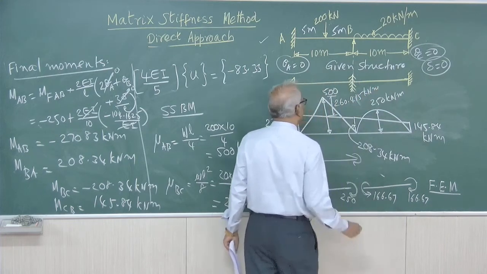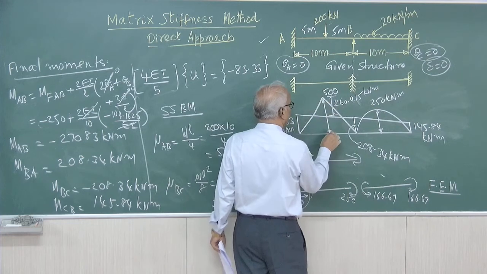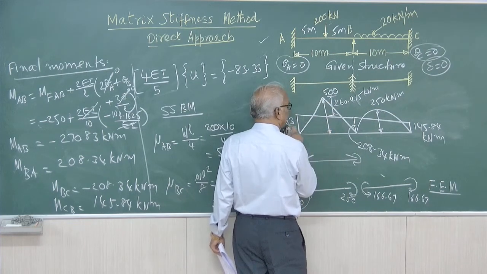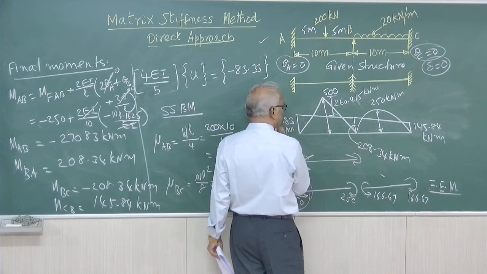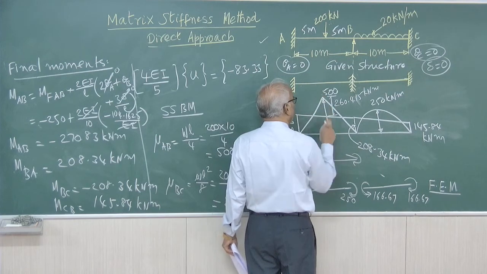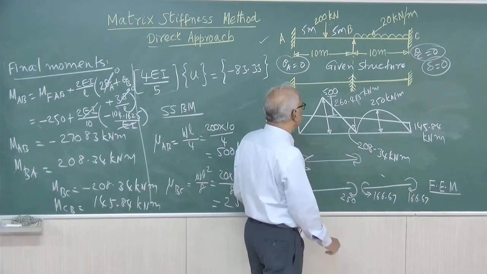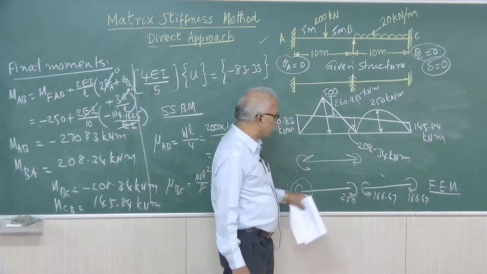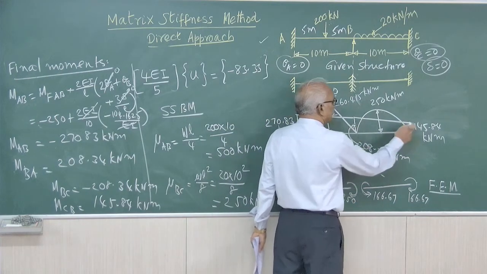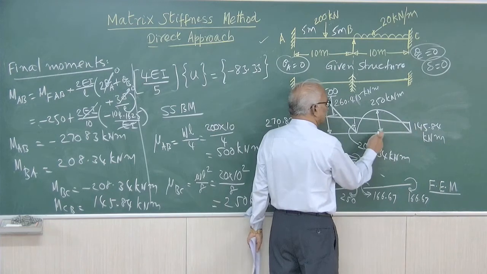Because already we know total is 500 and the negative value at the center will be the average of these two values. 270 plus 208 by 2 will be this value. 500 minus that value will be 260.415, and here again the maximum value is 250. The average of these two values will be at the center.